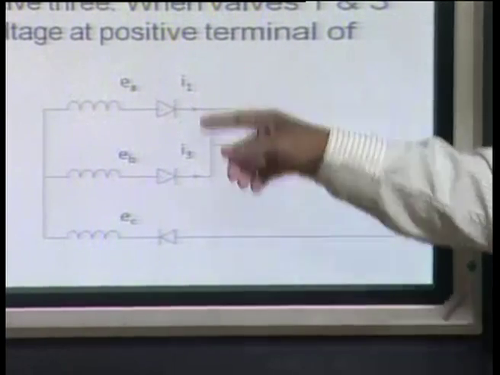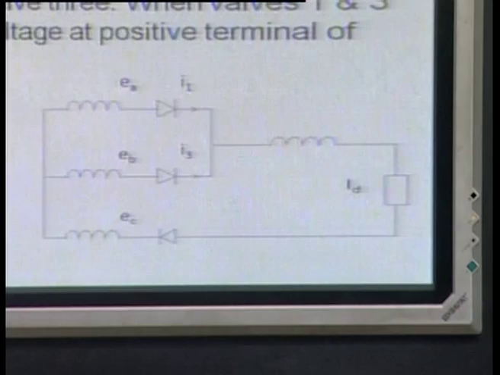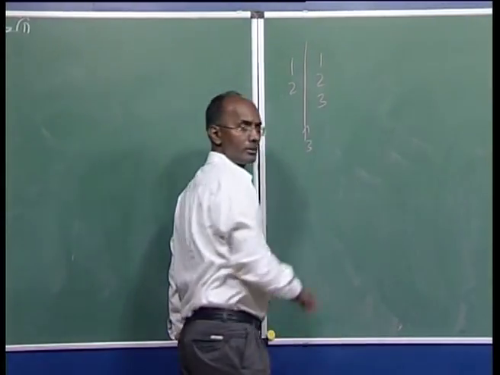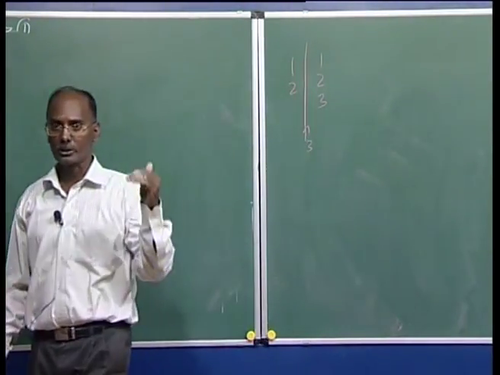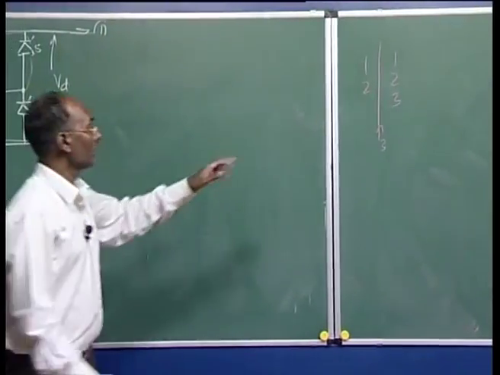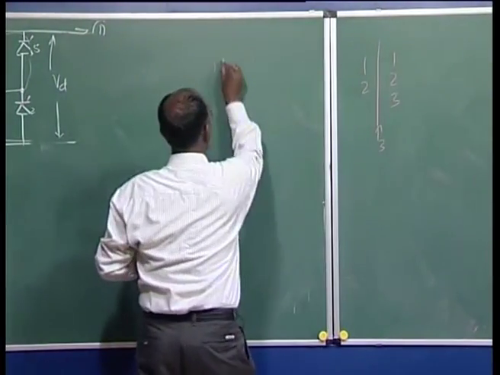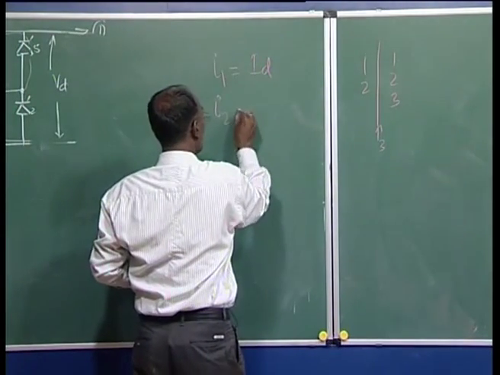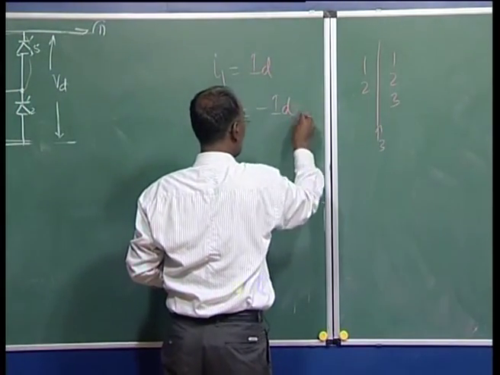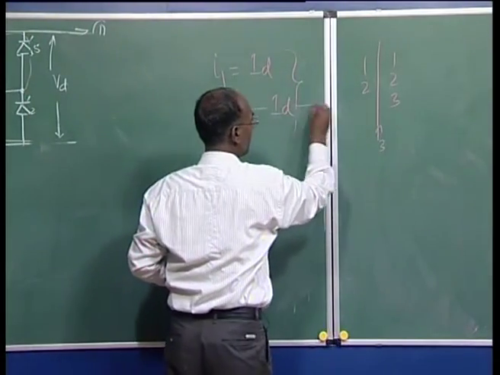So, in this case, as I said, the conduction pattern is: 1 and 2 are there, then 1, 2 and 3, because here 3 got the pulse and the commutation between 1 and 3 is taking place. The current I1 was ID and I2 was minus ID during this period.